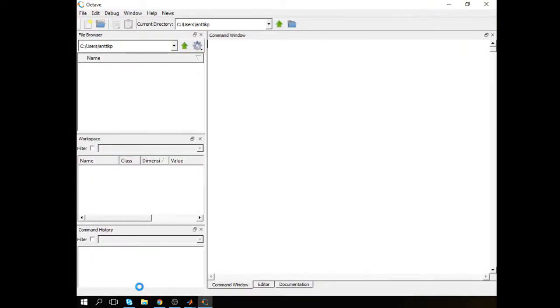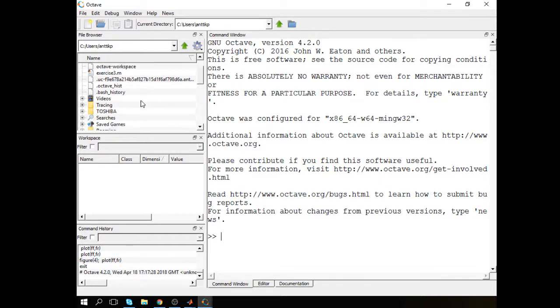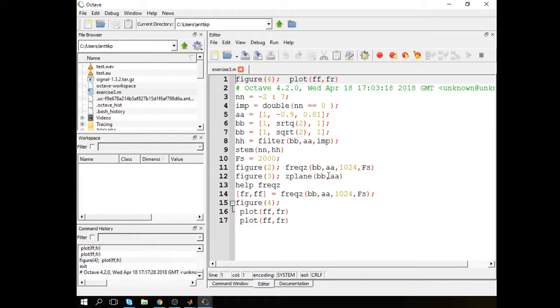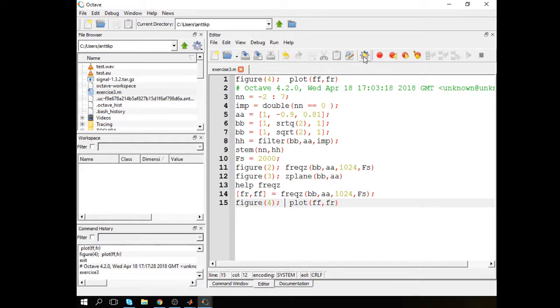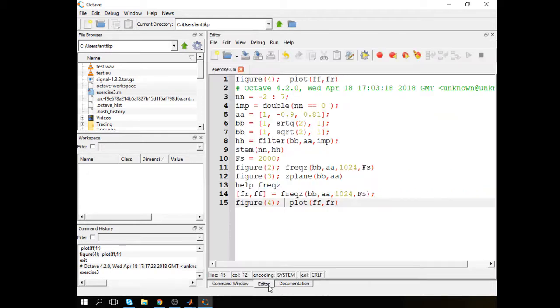As you can see, you're lucky to have MATLAB instead of Octave. But anyways, now I was a little bit smarter, and now I have this in Octave, save, and I can save the file and run. What? Undefined. FF undefined. Why does it actually give me that?